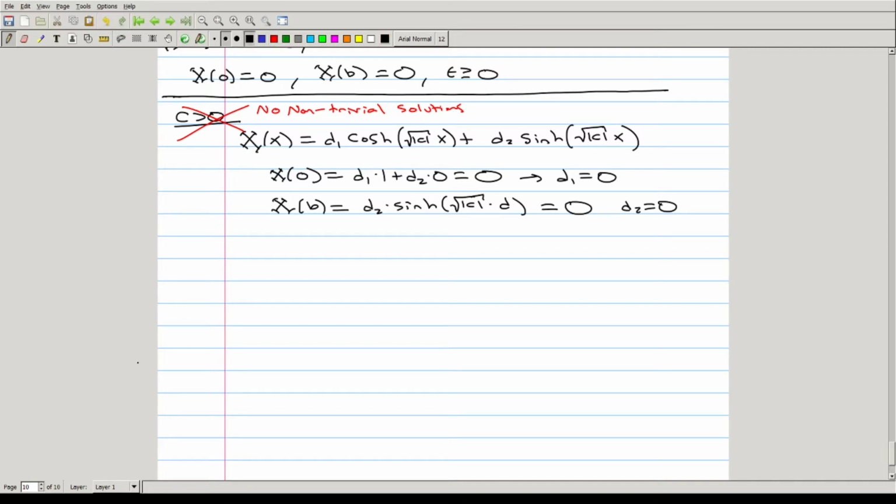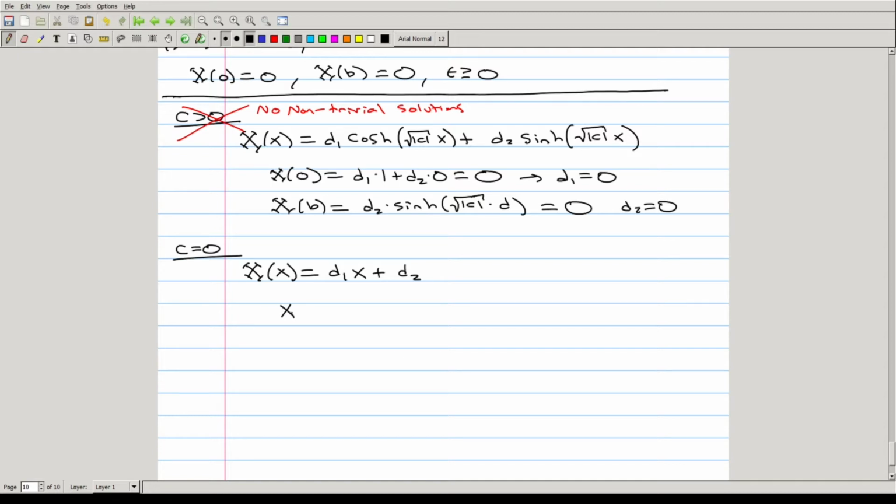We can go through and do this exact same thing for C equals 0. And when C equals 0, the general solution x as a function of x is going to be some d1 times x plus some constant d2.